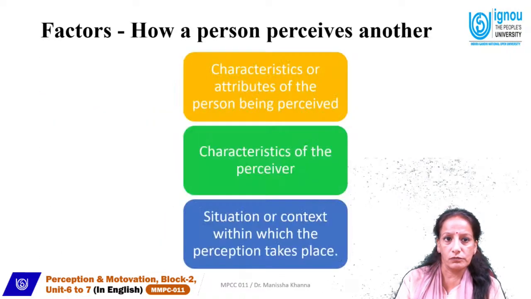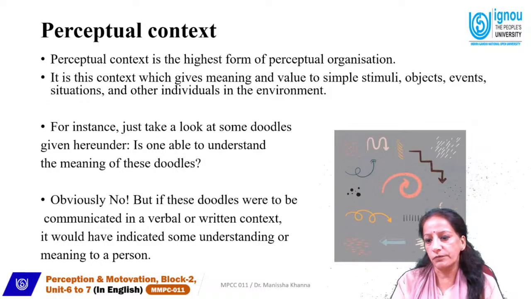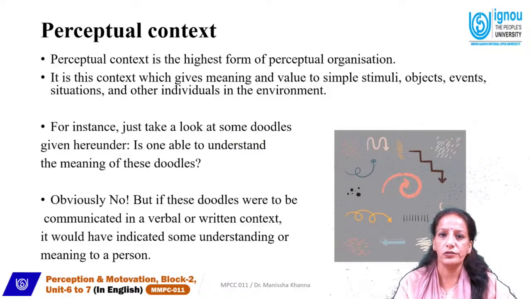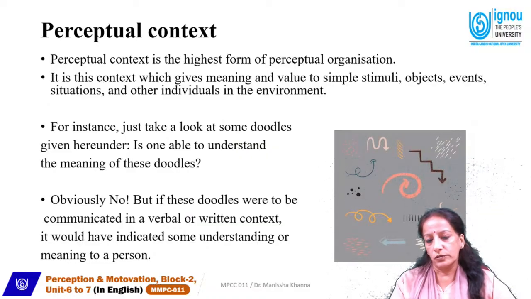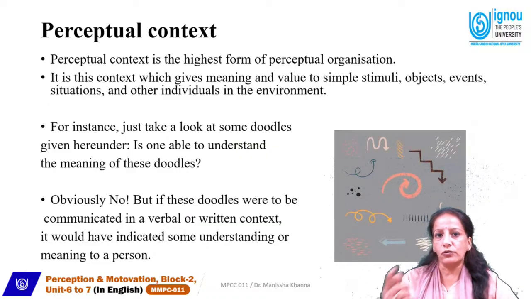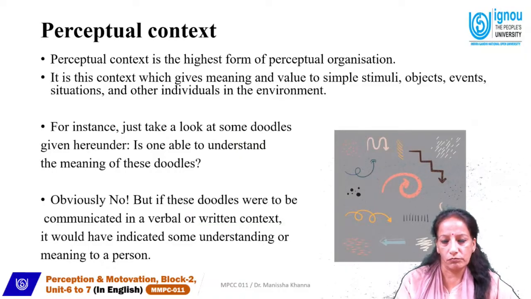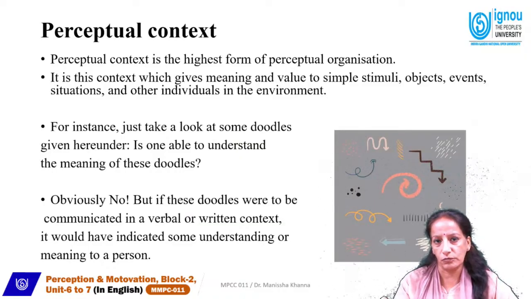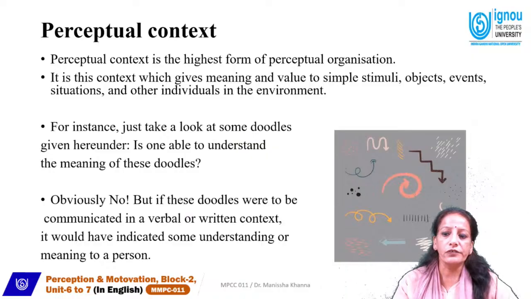So, for example, if you see the doodle or the sign which is in orange, given with a round shaped arrow, and the verbal or written context is given as back to work, or maybe back to basics, it gives a meaning.